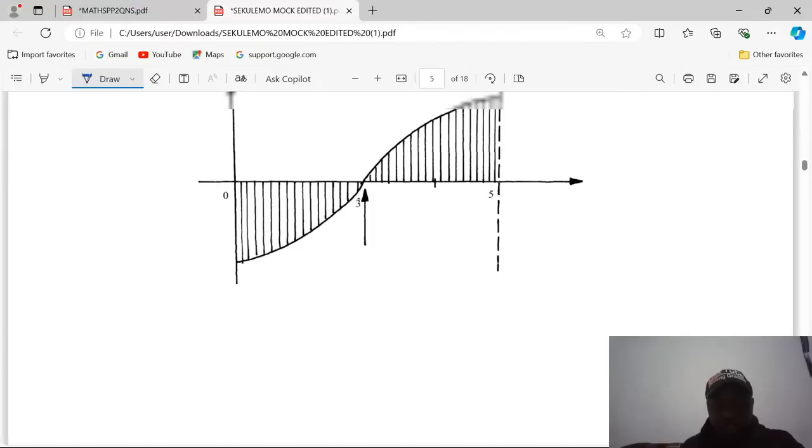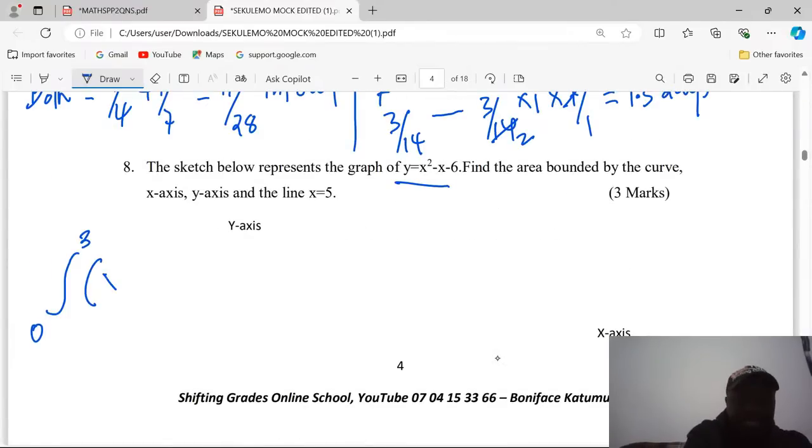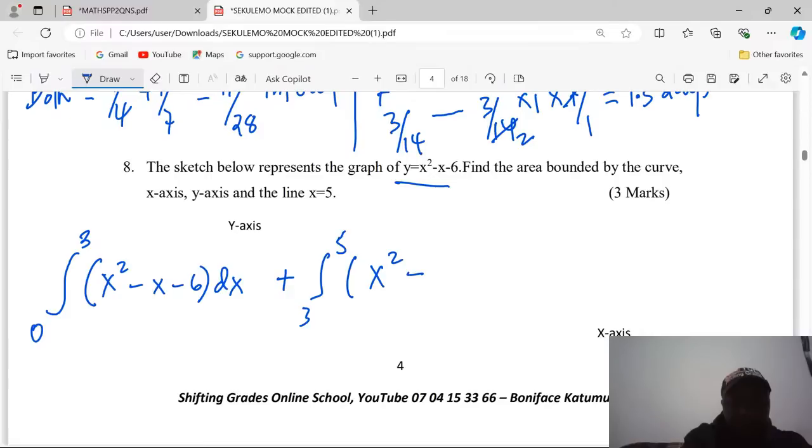We have from 0 to 3, the curve x squared minus x minus 6 with respect to x, of course. Then after this, we shall add the area from 3 to 5, the same function with respect to x.